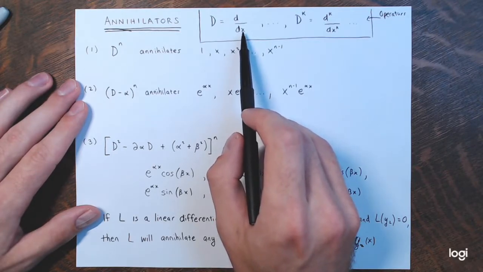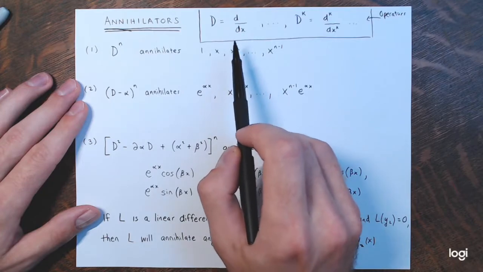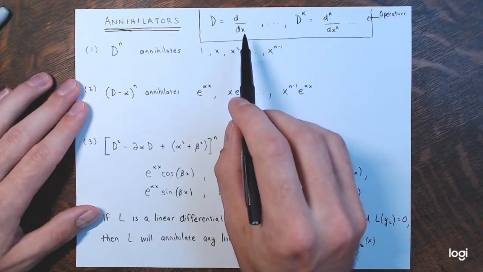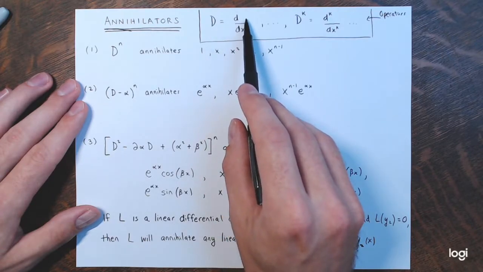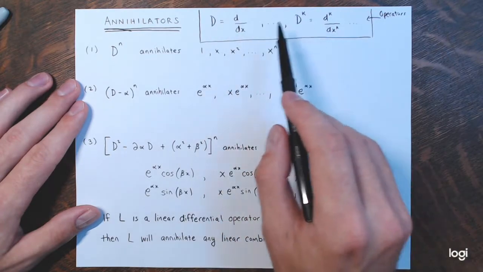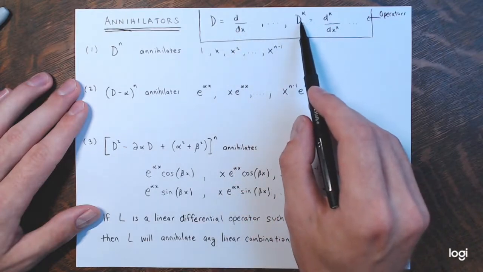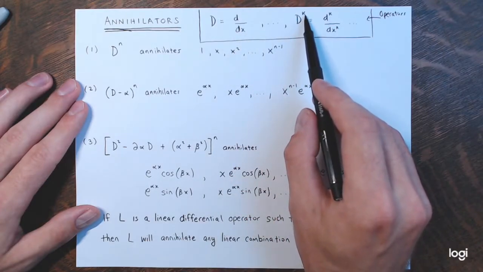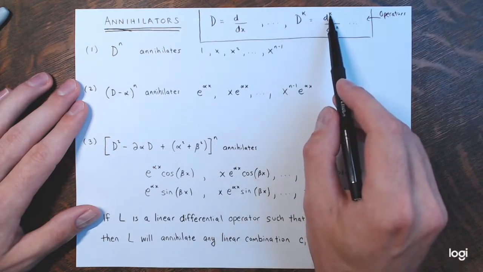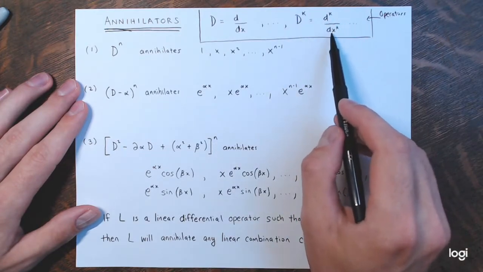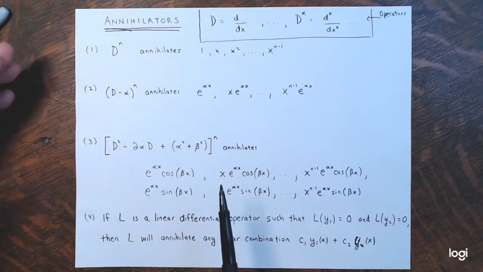It doesn't have to be x, could be t or whatever else you want. D to the kth power is just performing the derivative k times, so this really represents the kth derivative of some function with respect to the independent variable.